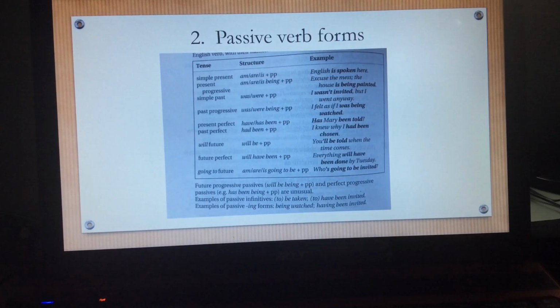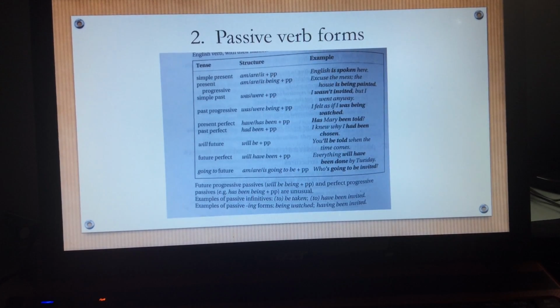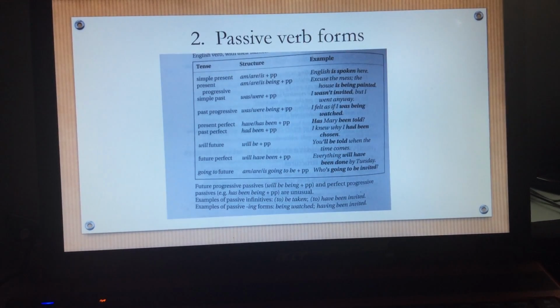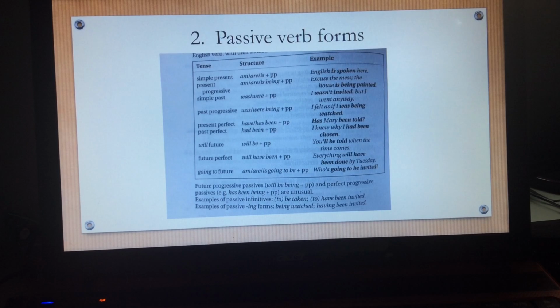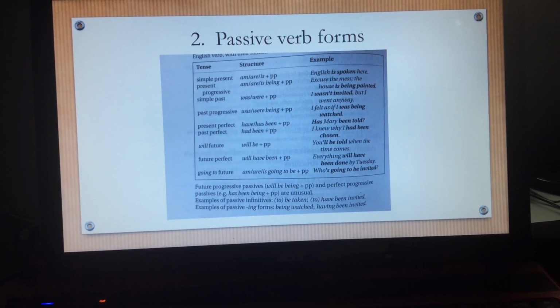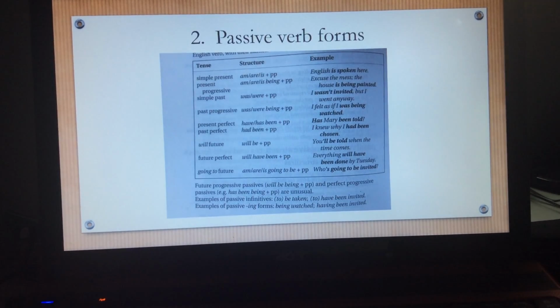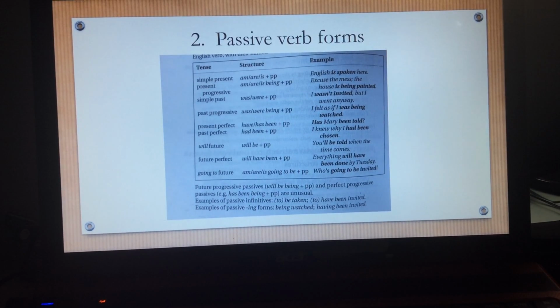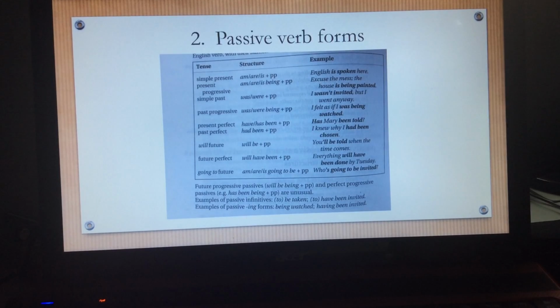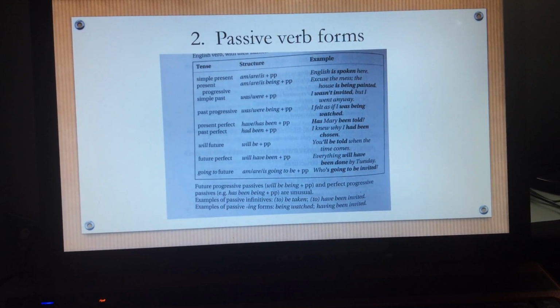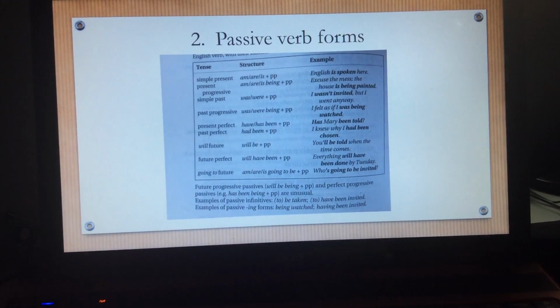As you can see at the bottom of the chart, the future progressive passives and the perfect progressive passives are unusual in English. They are extremely formal. And you can also have examples of passive infinitives and examples of passive in ing forms that we are not going to study this year, but we will in the next.